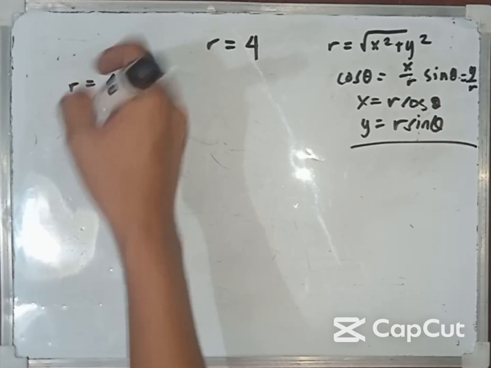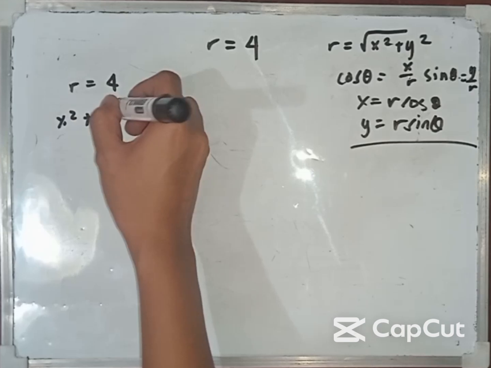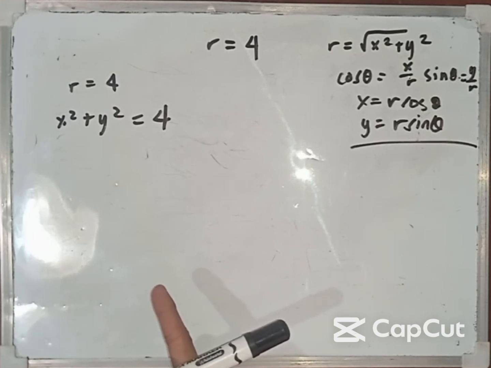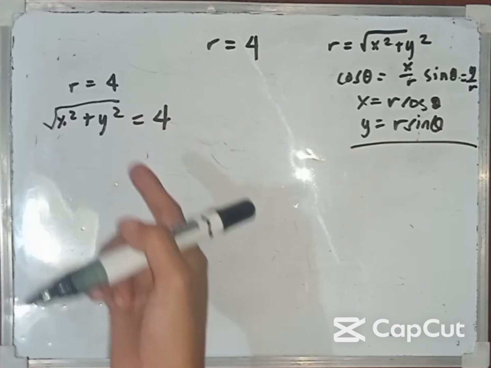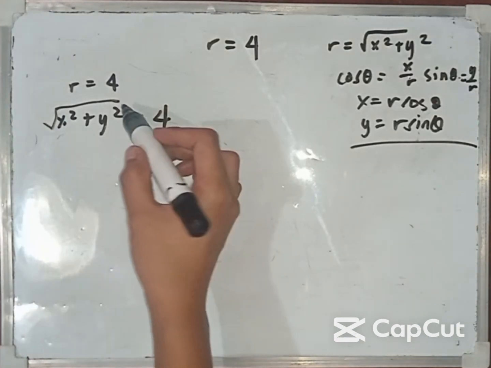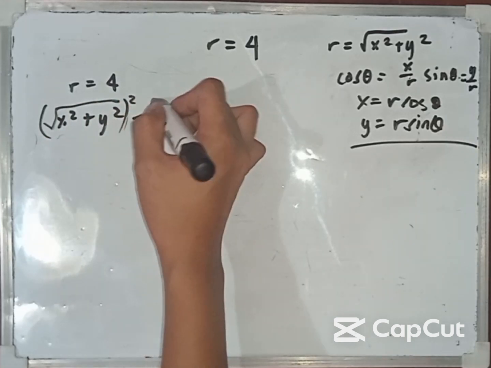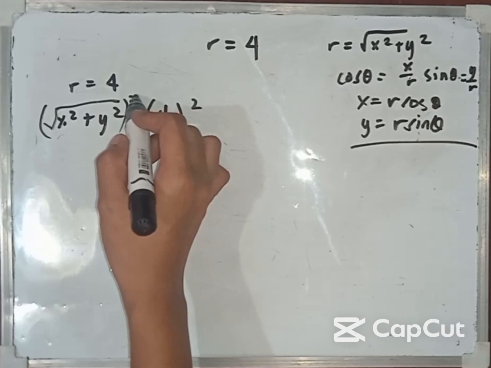Okay, so the first thing is to replace the r as square root of x squared plus y squared is equal to 4. Next, in order to cancel the square root, let us square both sides.